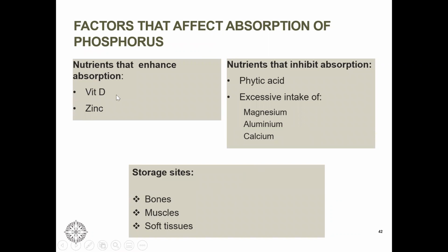Now, I've said how vitamin D supports absorption of phosphorus. Can anybody comment, by reflecting on session 2, how does zinc support phosphorus absorption? It may be asking too much from you, so apologies, but I just wanted to give somebody a chance if they remember.